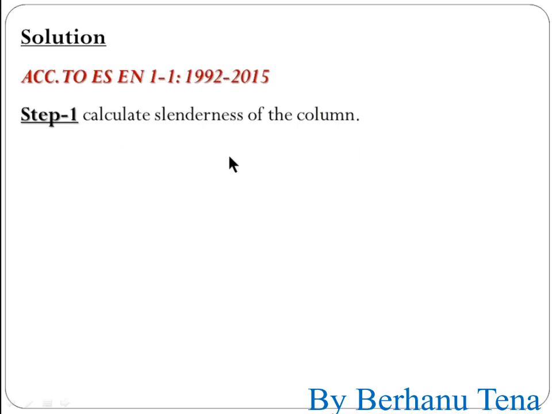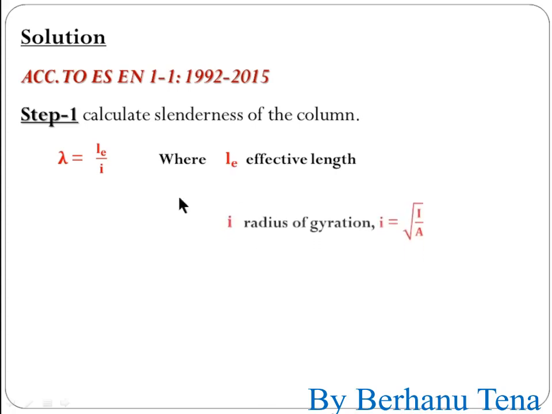The first step is to identify the slenderness of the column, then compare it with the limit to classify it as a short or slender column. In the calculation of the slenderness ratio, lambda is equal to the effective length over the radius of gyration, where l is the effective length and i is the radius of gyration, calculated as the square root of moment of inertia over cross-sectional area of concrete.